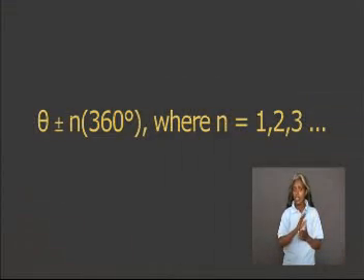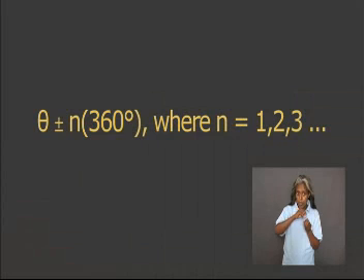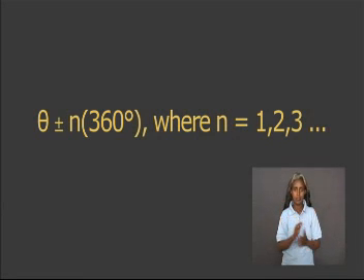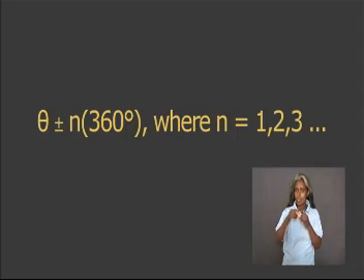We use a formula to find all angles that are coterminal with a specific angle. An angle plus or minus n, which stands for 1, 2, 3, and so on, multiplied by 360 degrees equals a coterminal angle.